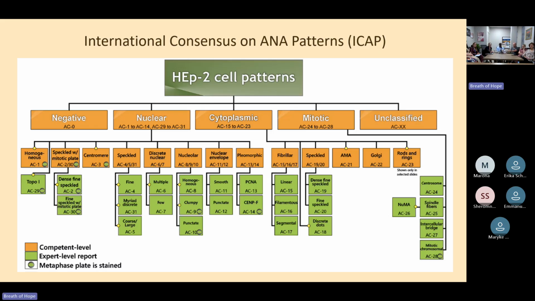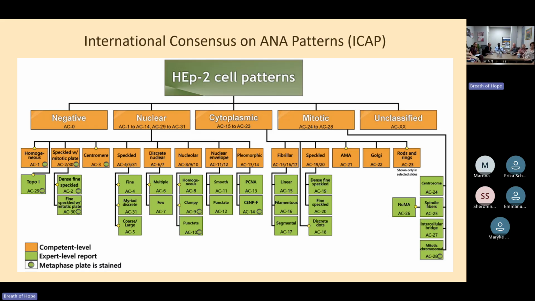I just want to bring your attention to a thing saying the metaphase plate is stained. That is very important when we look at the slides to help us decide what the pattern is. Certain patterns have a positive metaphase plate, that's in your metaphase cell where your condensed chromosomes are aligned. If it's positive, then it brings it down to a couple of patterns.